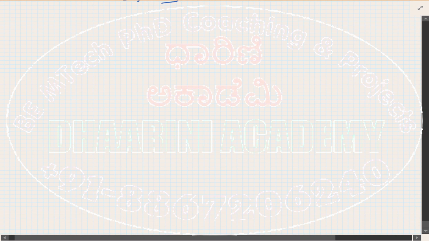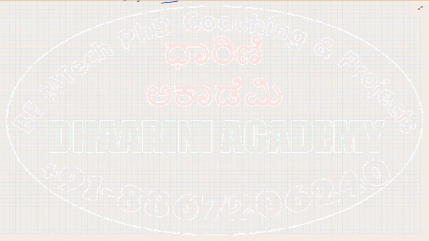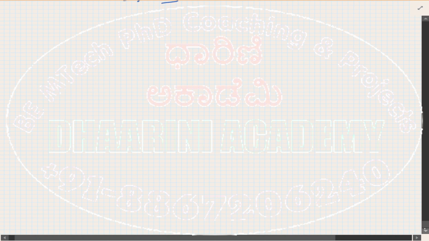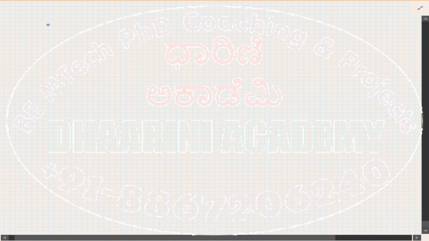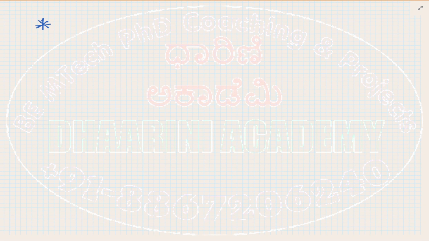Let's measure the principal values of the following arguments. Convert the following into the r angle theta format. That's the question. We have to convert the given numbers into the r angle theta format.